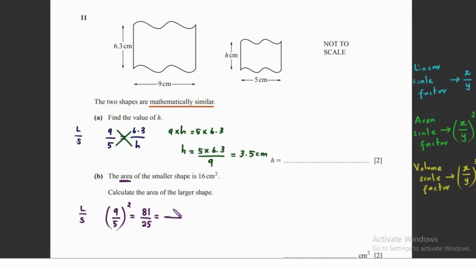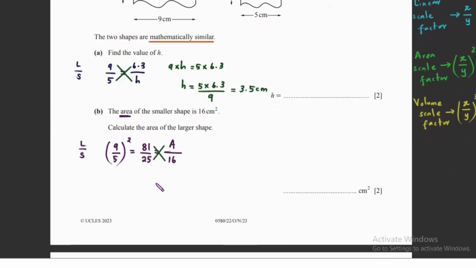The area of the larger shape is not known, so I'm going to label that as A, which we are supposed to calculate. And the area of the smaller shape is known to us, which is 16, so I'm going to put that at the bottom. To find what A is, just like in the previous step, I need to cross multiply and isolate A. So A times 25 is equal to 81 times 16.